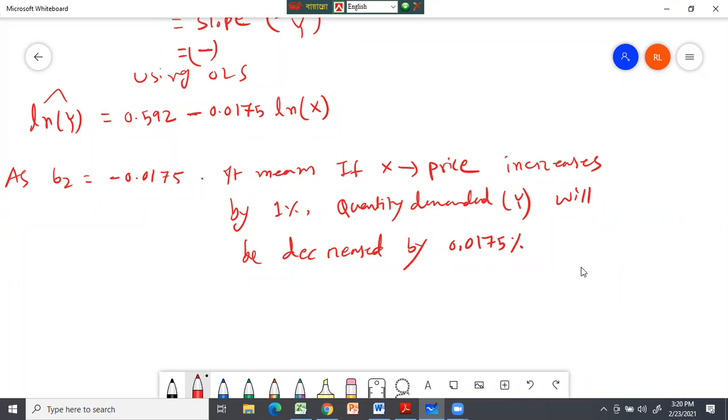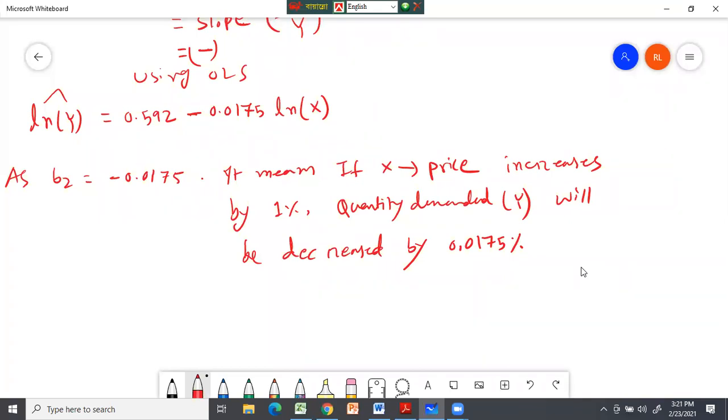As I already told you, the log linear model incorporates the issue of elasticity, and elasticity measures the relative change. So your explanation should be in terms of percentage or relative form. If price increases by 1%, that means the independent variable's value has increased by 1%, then quantity demanded, the dependent variable's value, will decrease by 0.0175%.